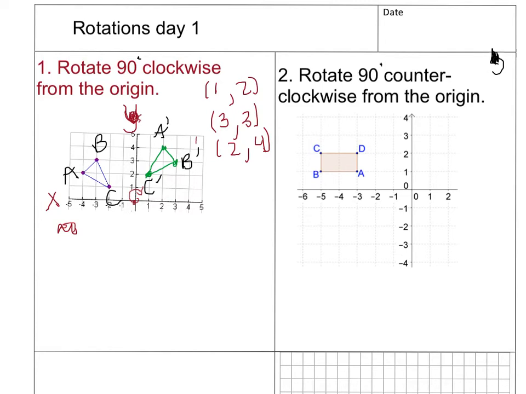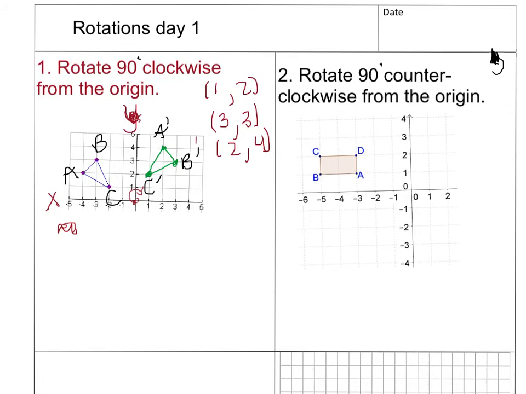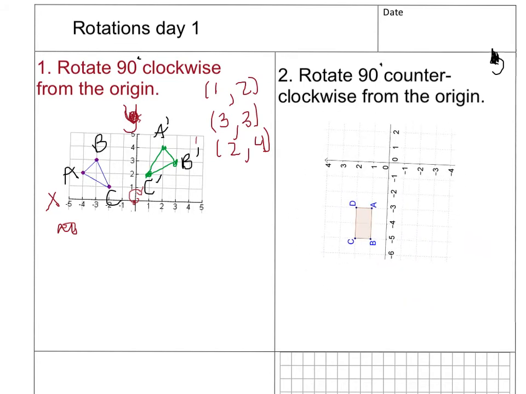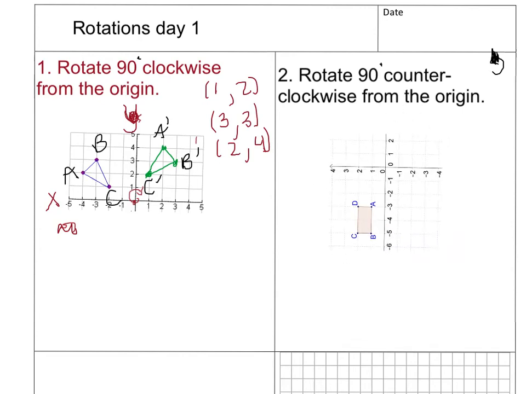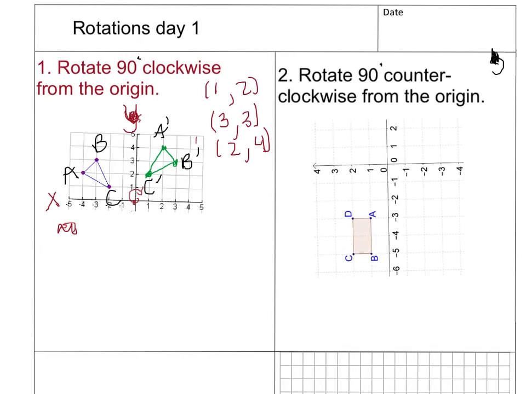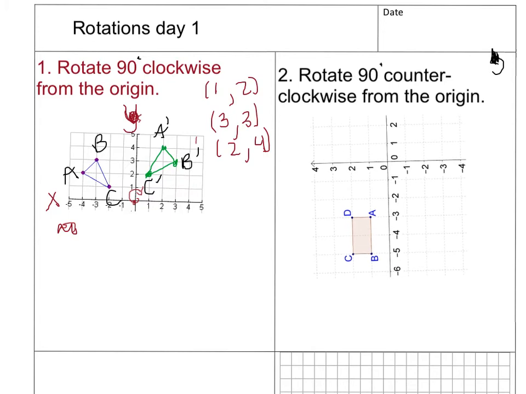One turn is 90 degrees. If I were to do two turns, that would be 180. Easiest way for you to tell is each angle here in my two lines is 90. There's another 90, 90, and another 90.